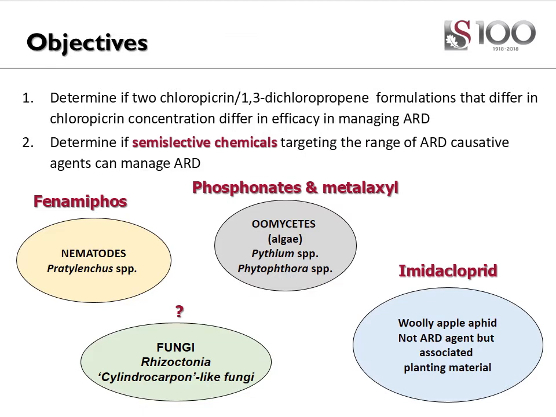So since we tried to address the problem of poor nursery material, we also included imidacloprid within the mix along with fenamiphos to manage the lesion nematode and phosphonates and metalaxyl or mefenoxam to control Pythium and Phytophthora species. The mix did not include something specific for the fungi involved because most fungicides are not systemic and we therefore could not identify an appropriate candidate.